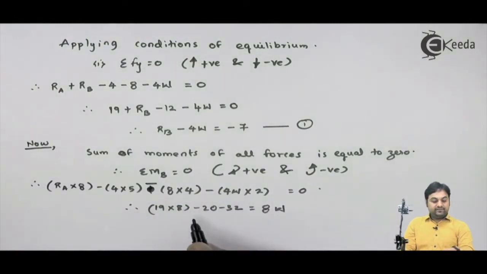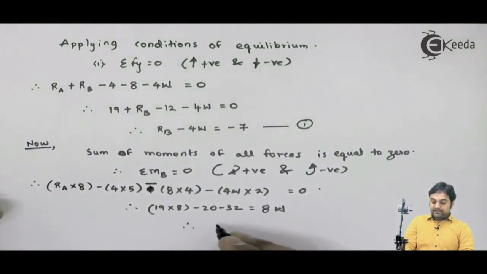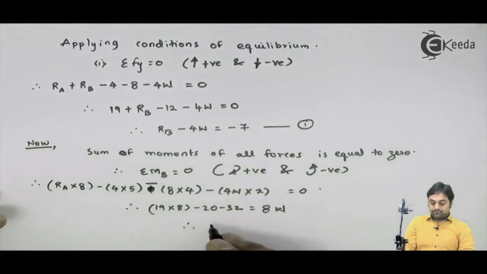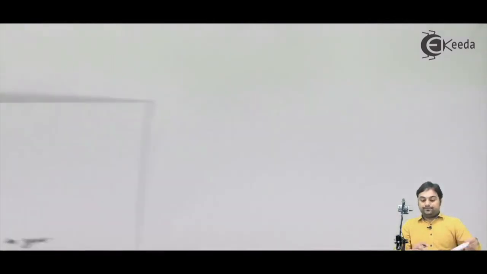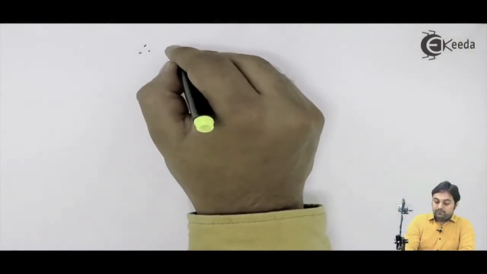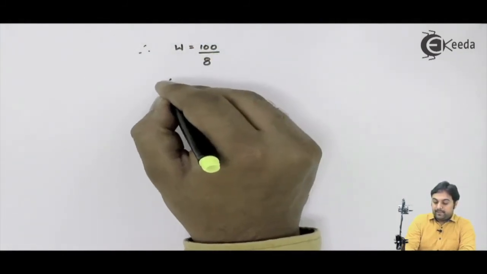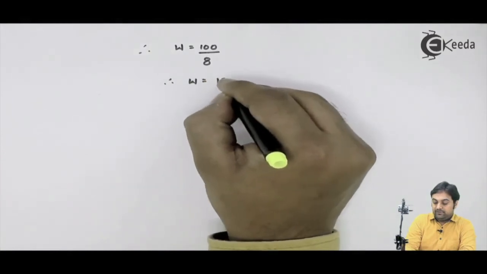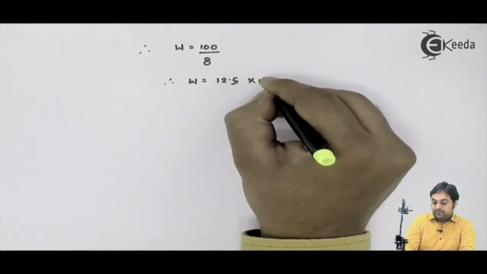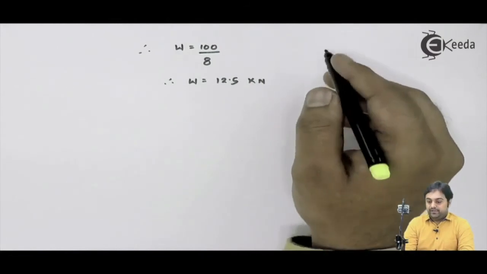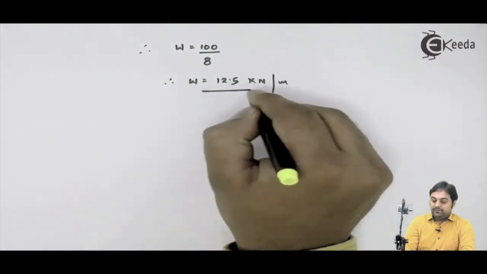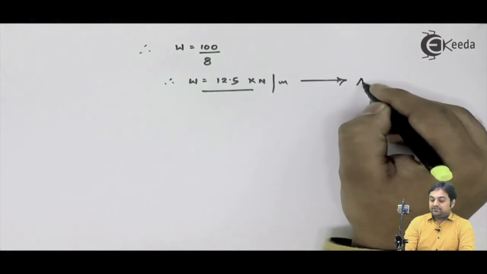If I calculate the left hand side, I will be getting my answer as 100, that is 8W is equal to 100. Therefore, W is equal to 100 divided by 8, and my answer of W comes out to be 12.5 kilonewton. Since it is intensity of UDL, it will be kilonewton per meter. This will be my first answer.